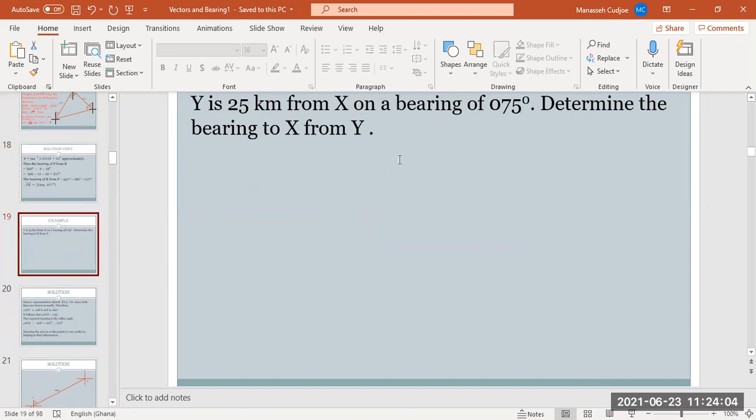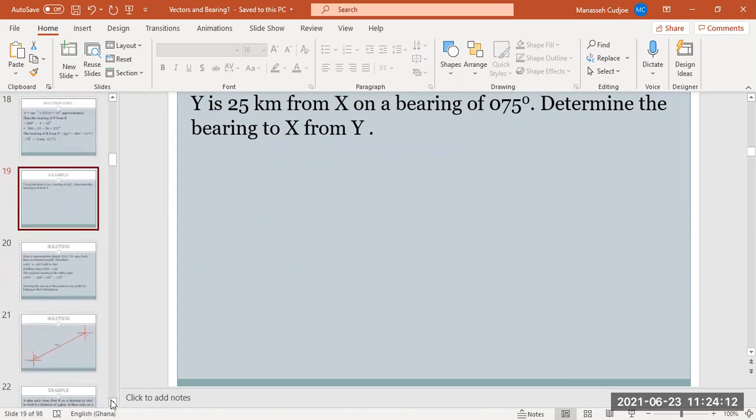All right, so this is an example that you might want to explore on your own individually to be able to monitor your progress. So it's pretty simple. Y is 25 kilometers from X on a bearing of 075. So basically have your cardinal point from X, starting point X. So the whole place is 90.